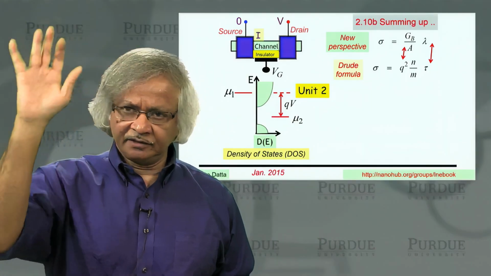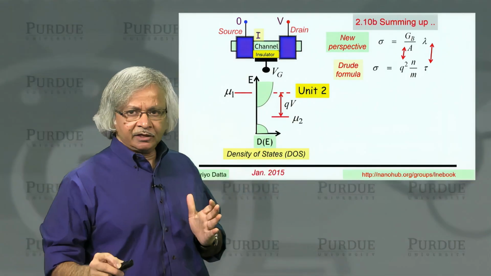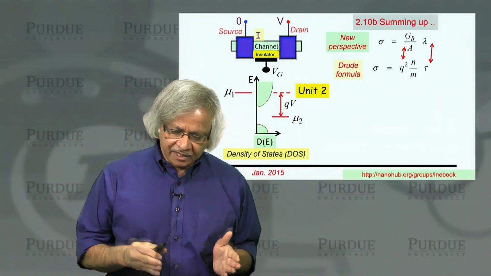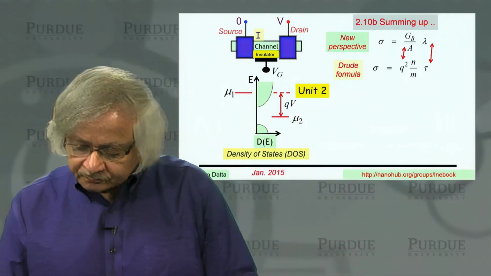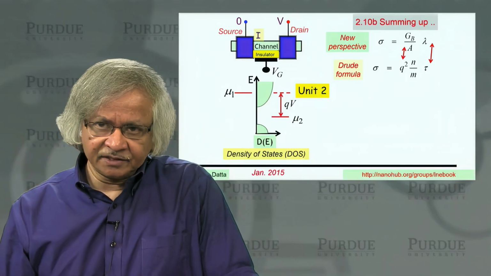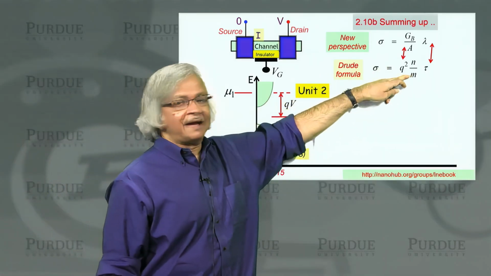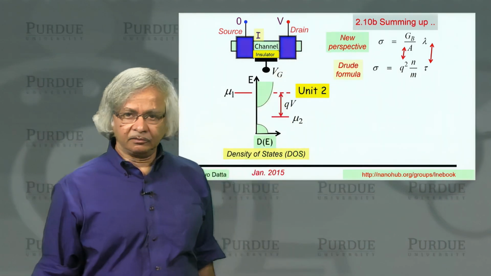What should be the current, etc. Now, what we did in this unit is we adopted a model for density of states. That's this energy band model, the band structure model, which is widely used for crystalline solids. Right? And that's where it introduces this concept of effective mass and things like that, so that we can actually connect with the Drude formula.